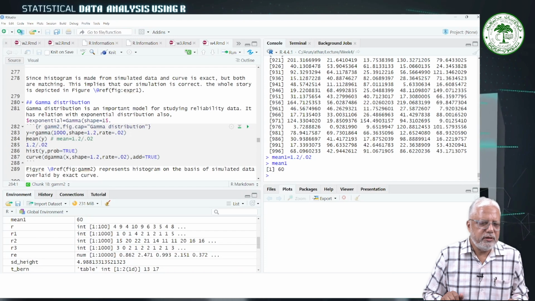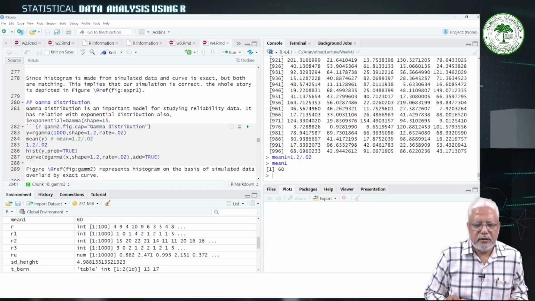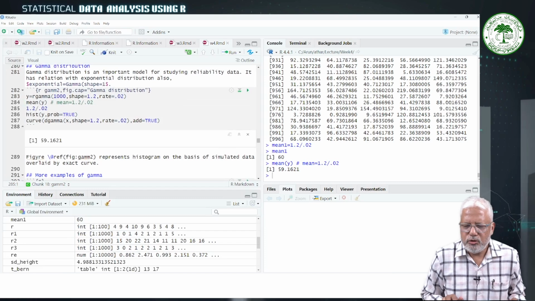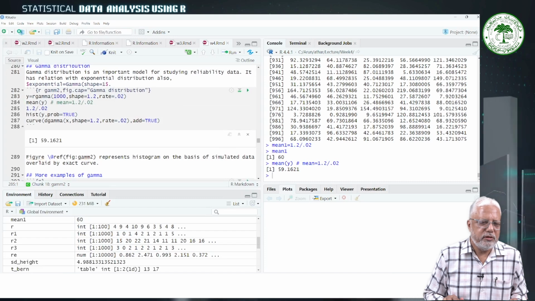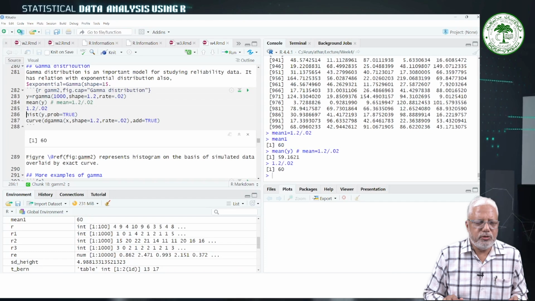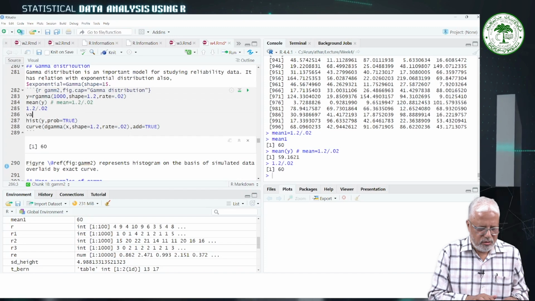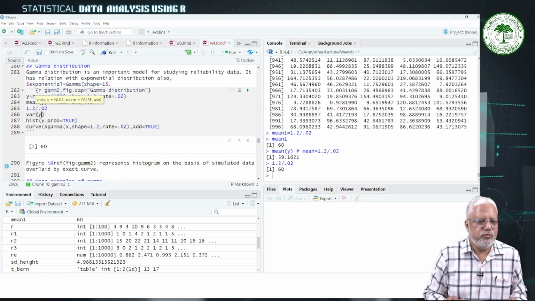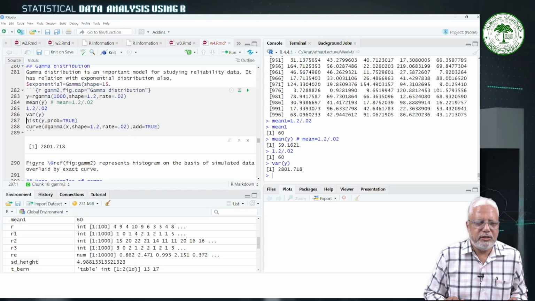But what do you get by simulation? Mean of y is 59.16. So, this exact result is very close to the simulated result. Suppose we want variance. Variance of y is 2801.76.